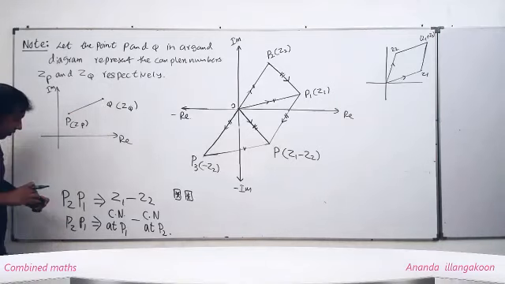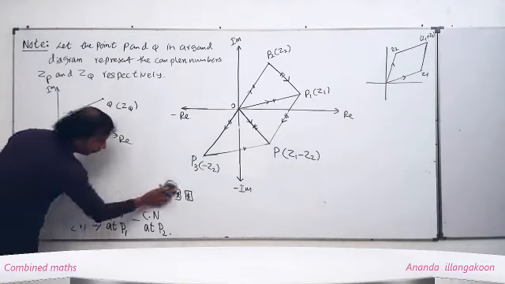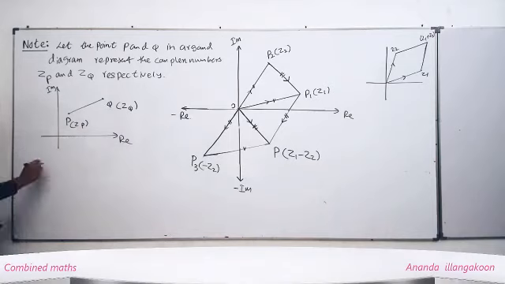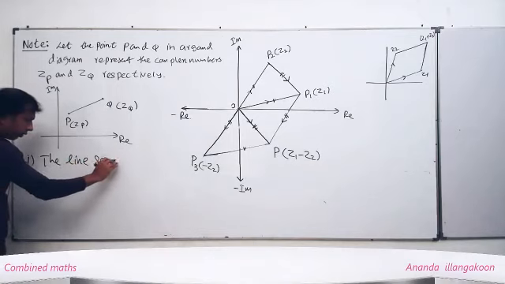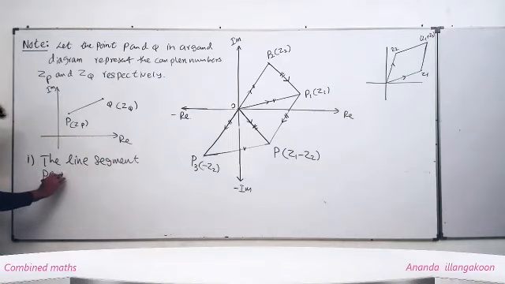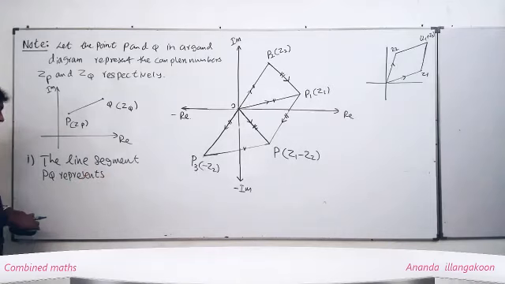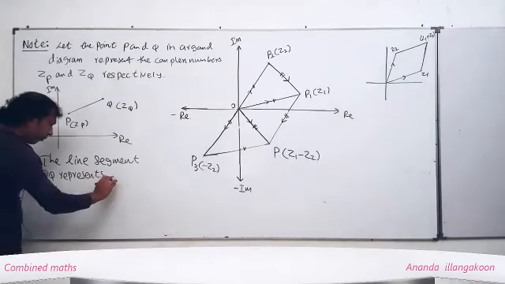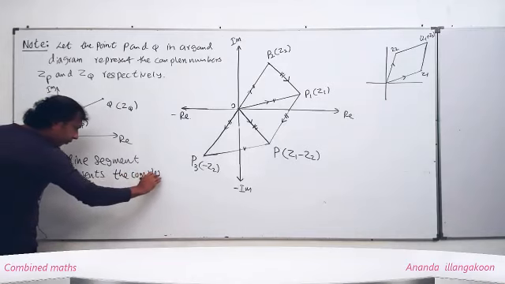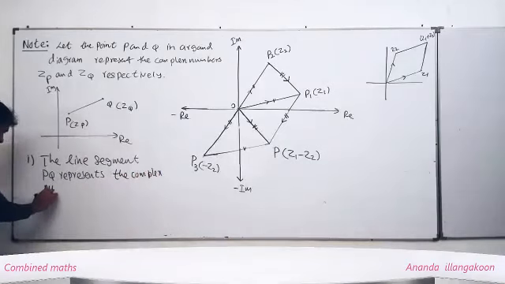Then first thing is this. First thing is, people, the line segment PQ represents the complex number, what, people?